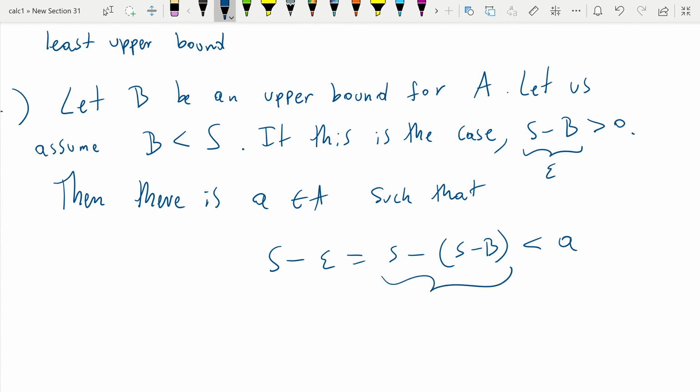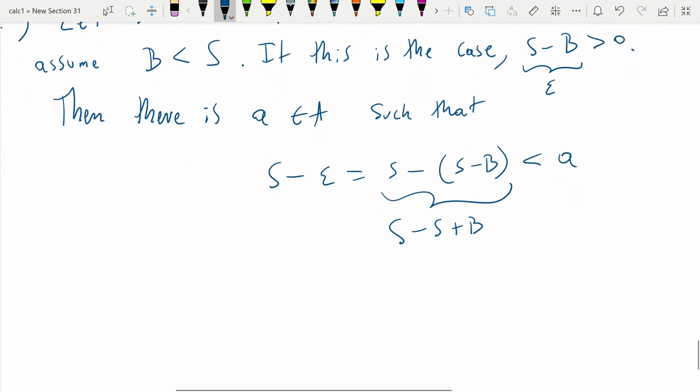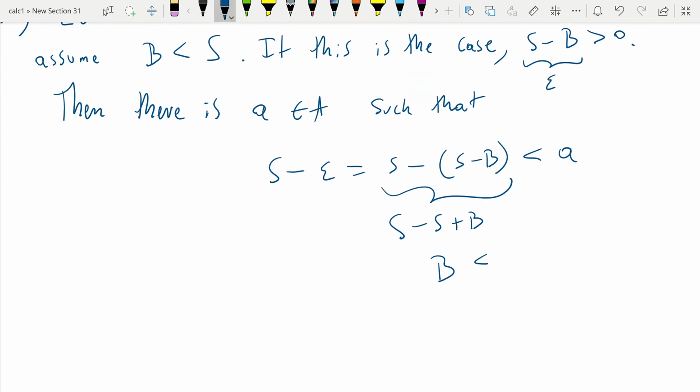But this is just equal to S minus S plus B. And so you're concluding here that there is an a in A such that a is greater than B.